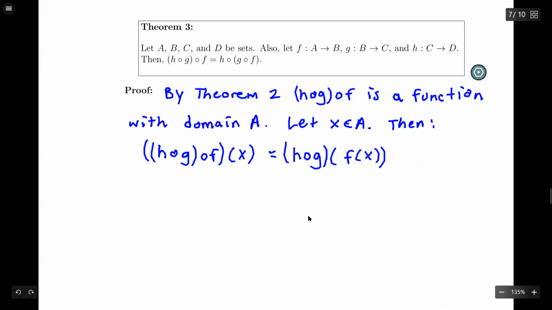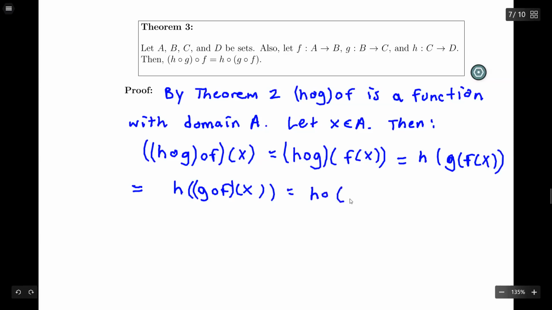Now, again, we can rewrite this as H of G of F of x, which is equal to H compose G of F of x, which again, using the same alternative notations, is (H compose G) compose F of x.